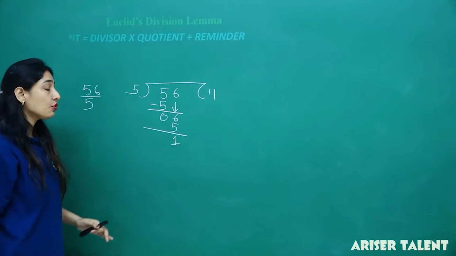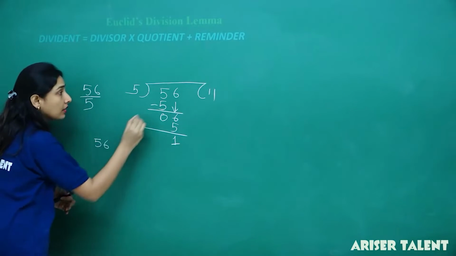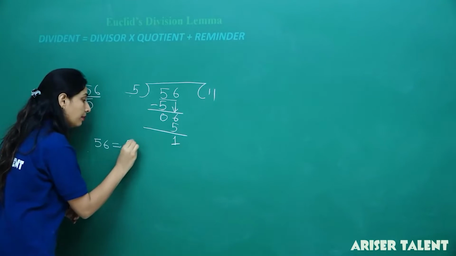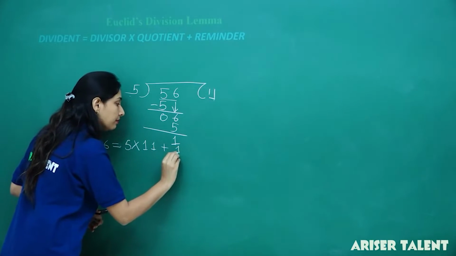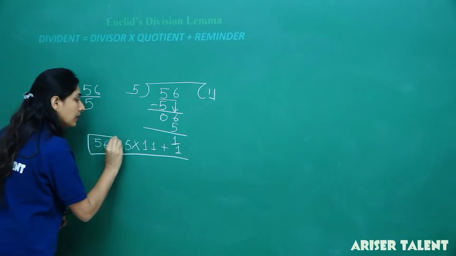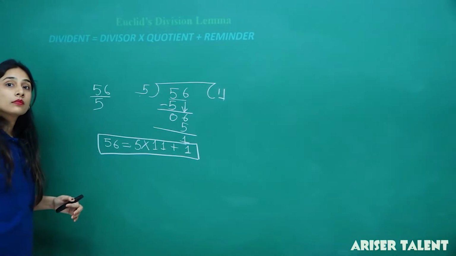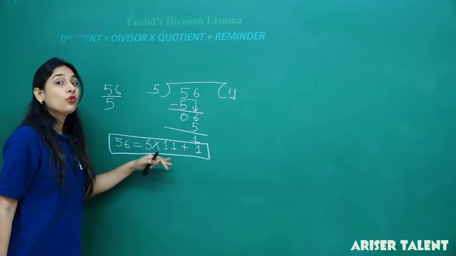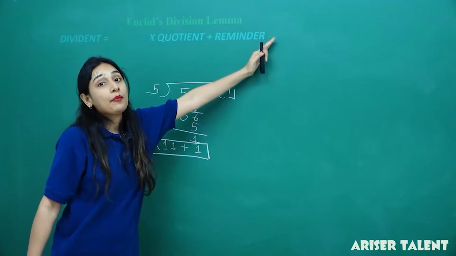Now how did we used to write it? We used to write it like 56 equals 5 multiplied by 11 plus 1. This is how we used to check it. Now, this particular equation is nothing but Euclid's division lemma.